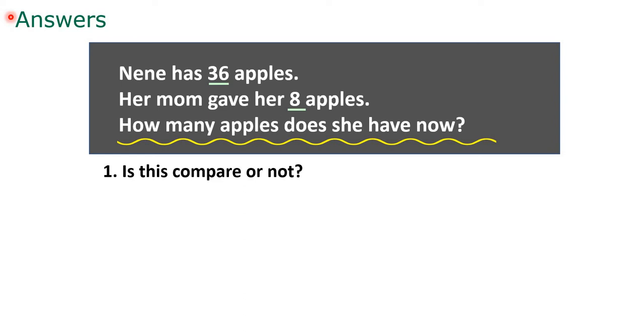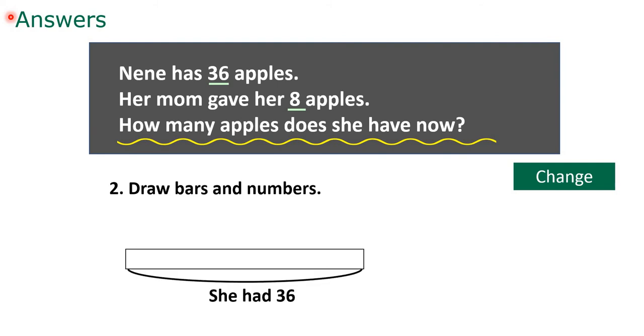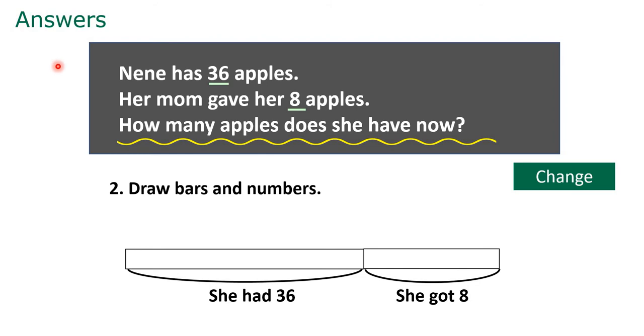Then you realize that it is not a compare, it is a change question. And if it is a change question, we draw one bar. In this bar, we represent that Nene had 36 apples and she got 8 apples. So one bar separated with a line showing the numbers 36 and 8.